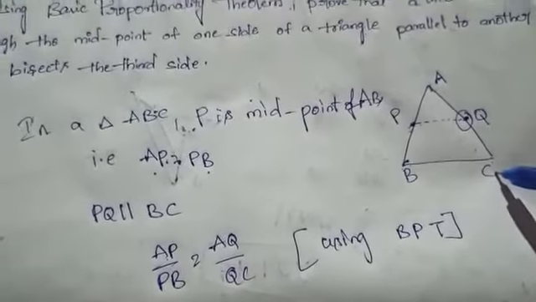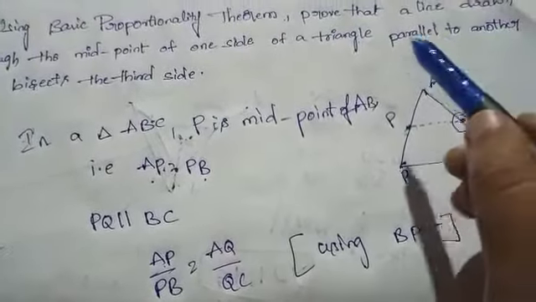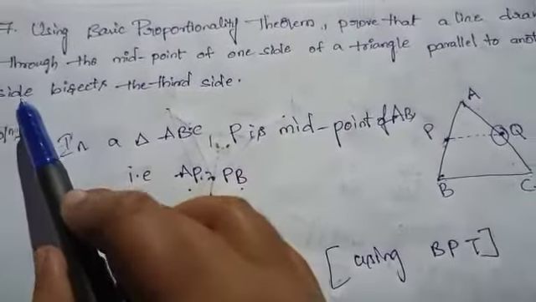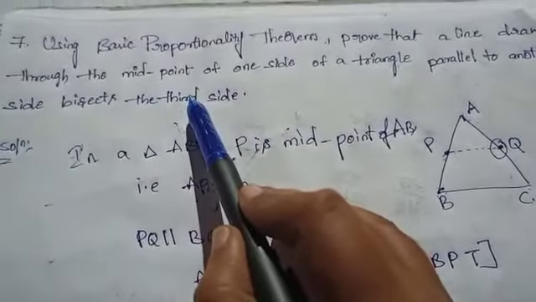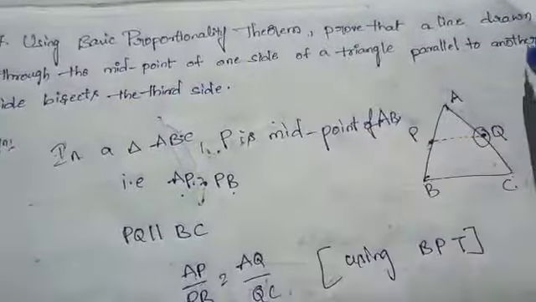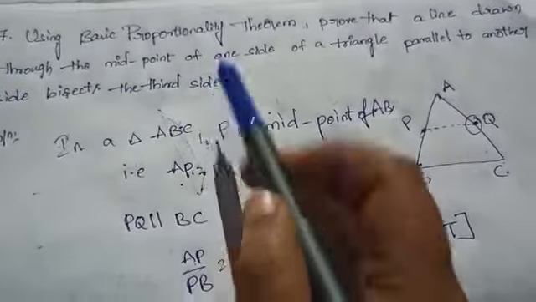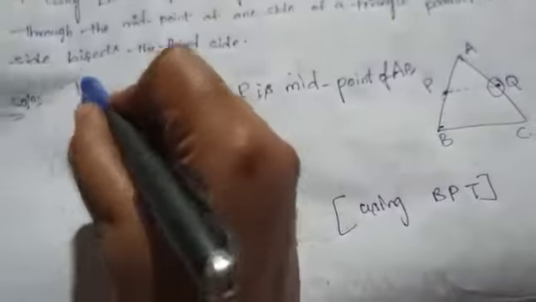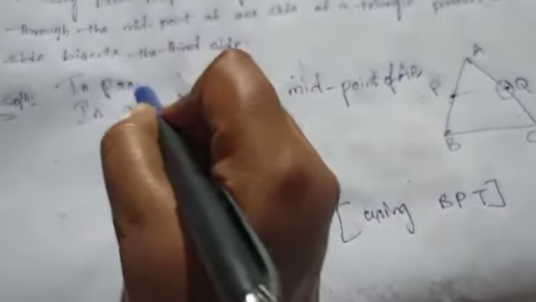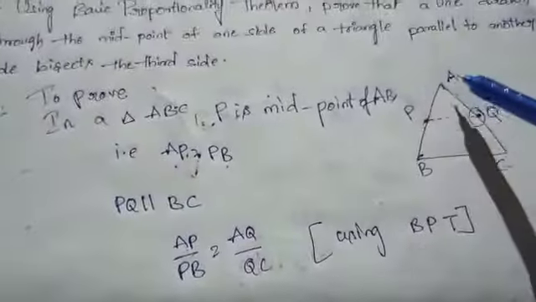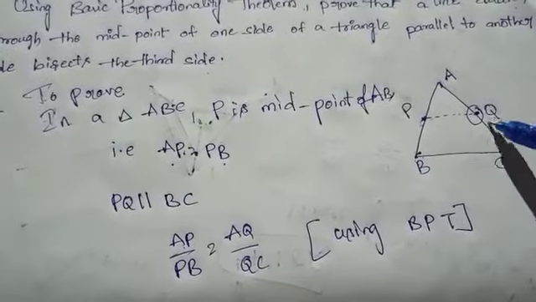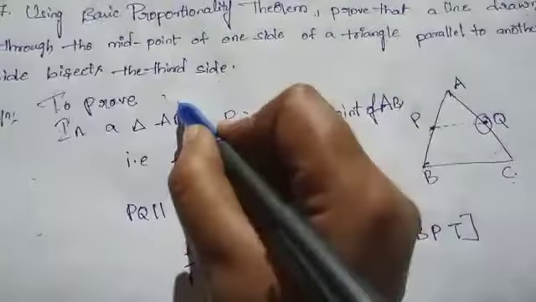Okay, here to prove, Q is the midpoint of AC. Side bisects the third side. To prove, in triangle ABC, Q is the midpoint of AC.